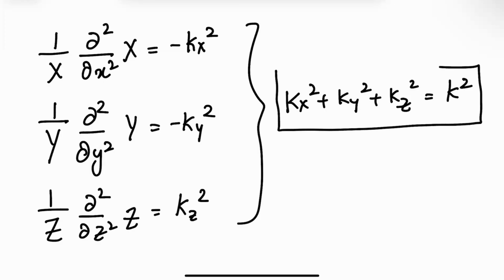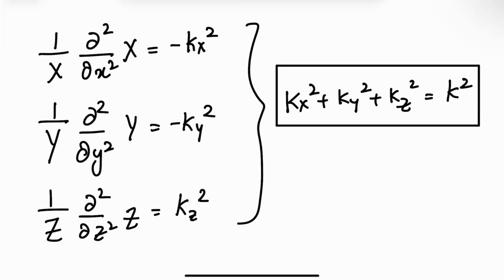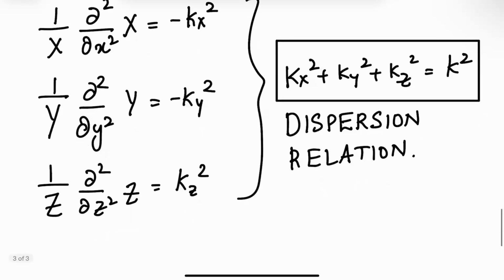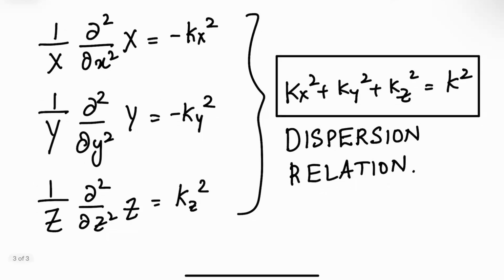This is a very important relationship, known as the dispersion relation of free space. We'll see why it's called that later on. But essentially, kx, ky, kz have to satisfy this relationship, right?